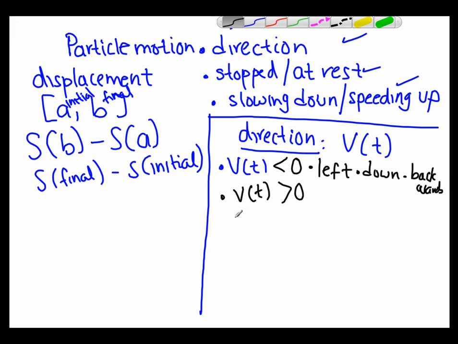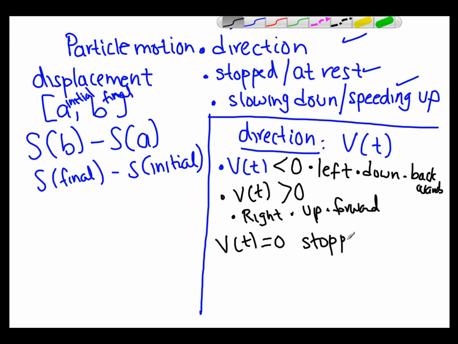When it's positive, it's either to the right or up or forward. So those are a few things you're going to know. When v of t equals 0, that's when we say that the particle has stopped or is at rest. So that's one.